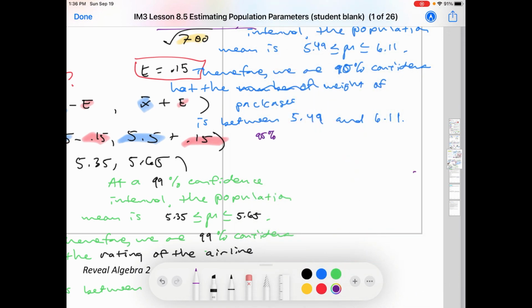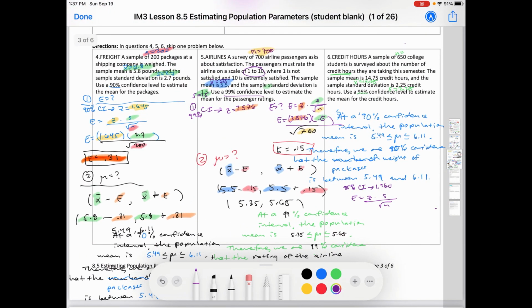So a 95% confidence interval gives me a z-score of 1.960. And then E equals Z times S over square root of N. So the Z is 1.960.